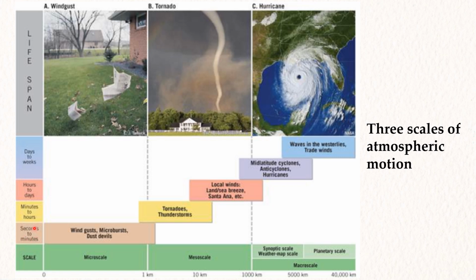The lifespan of this wind, for example the wind gust shown here, lasts from seconds to minutes, and this is an example of microscale, because it's small and it doesn't last that long. Another example aside from the wind gusts is the microburst and dust devils.